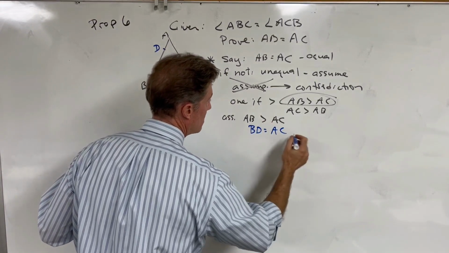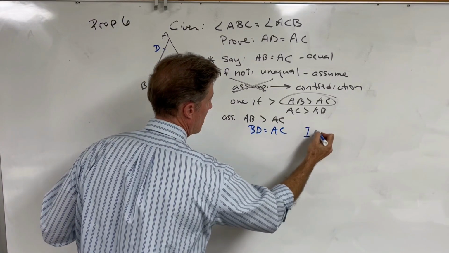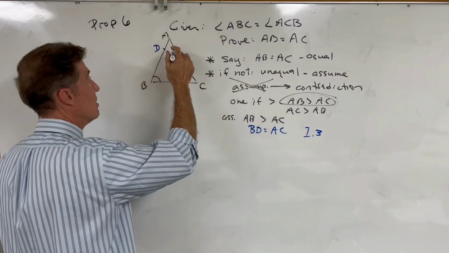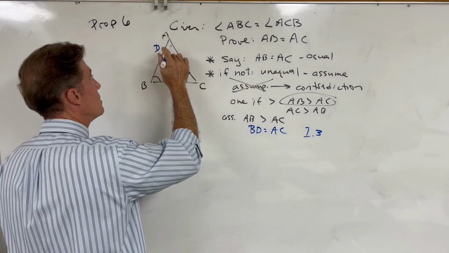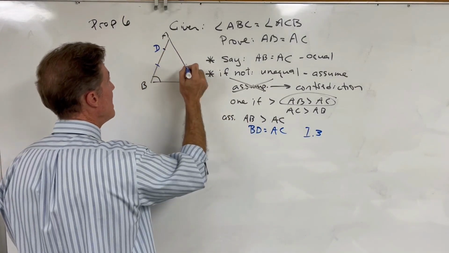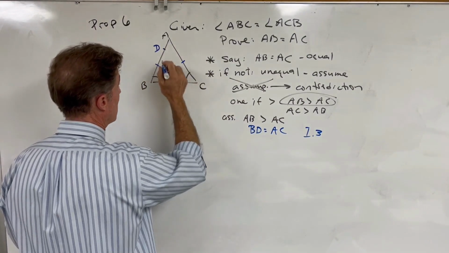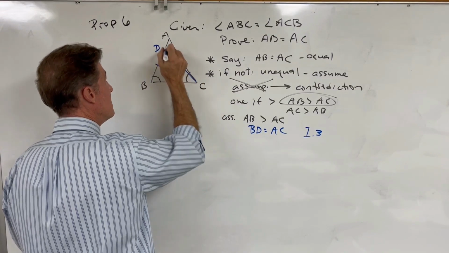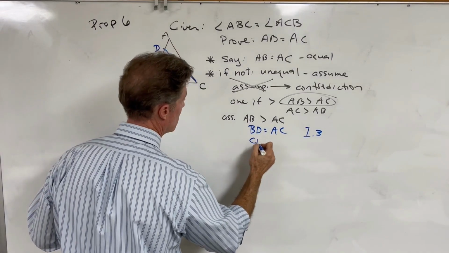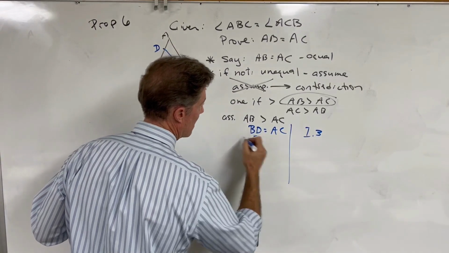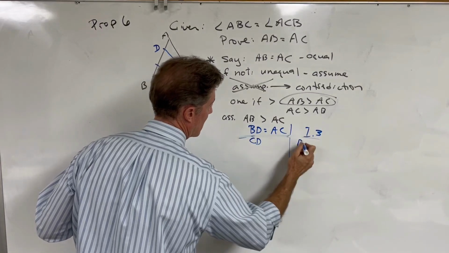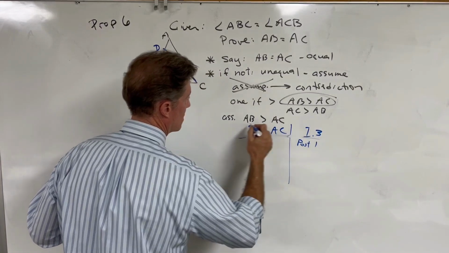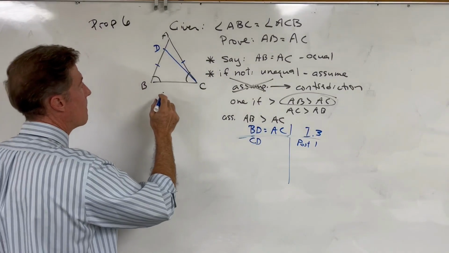And we're doing this with Prop 3, which allows us to cut off from the longer a piece equal to the shorter. So now DB and AC are equal. Now let's join CD, which we can do because of Postulate 1, which allows us to join any two points.